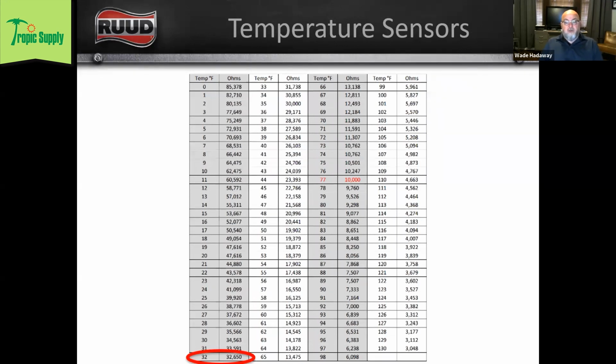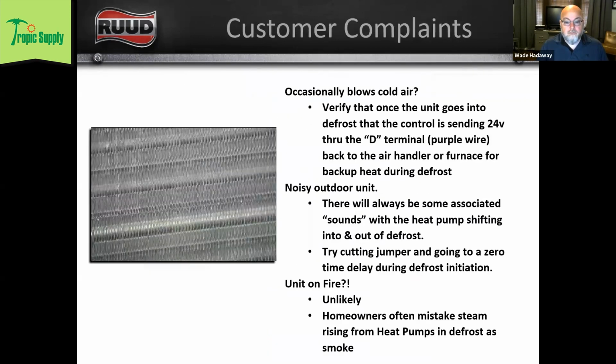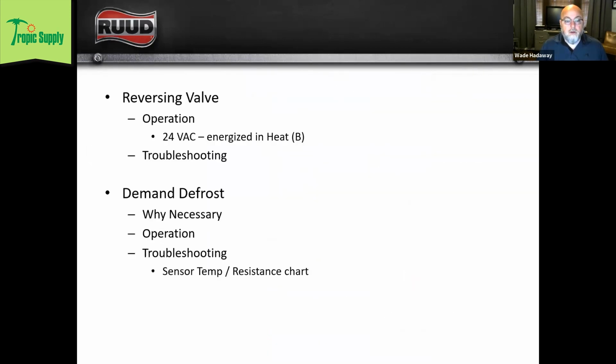That's what the negative coefficient means. But we use this same 10,000 ohm at 77 degree negative coefficient thermistor on everything. So you don't have to worry if there's a thermistor on one of our units. This is the chart for it.